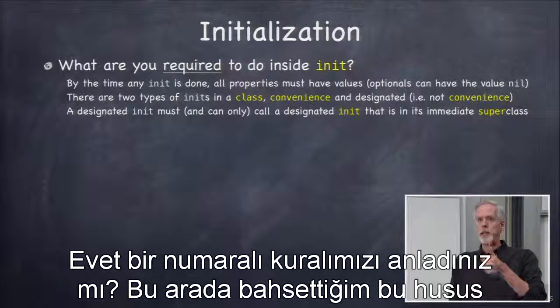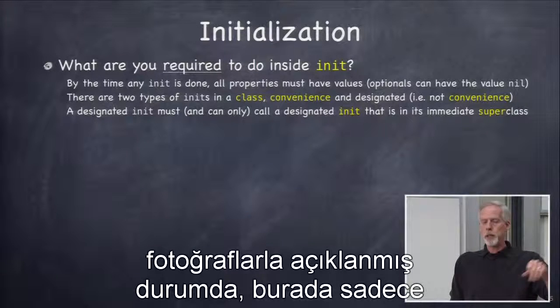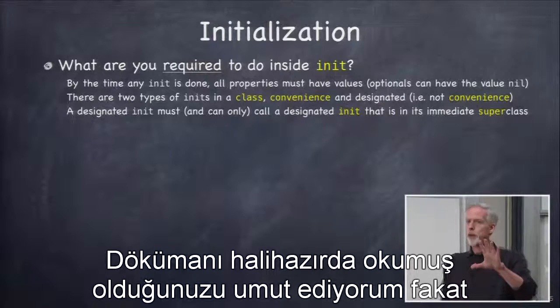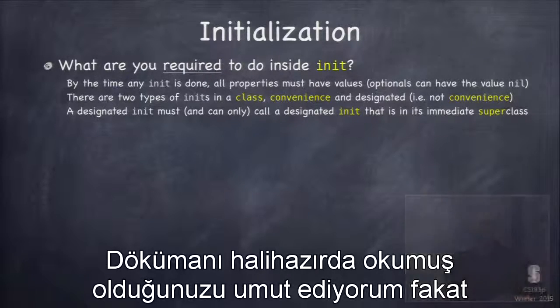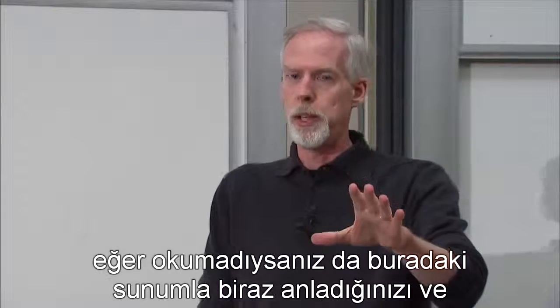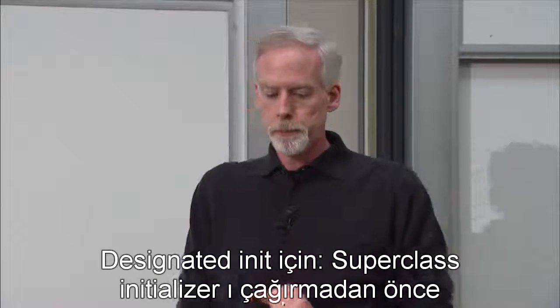Understand that rule number 1 for designated initializers? This is all, by the way, in the documentation. It's very elaborately drawn out with pictures and all that. I'm just trying to summarize it here. Hopefully you've read that already, and this is review, but if not, hopefully understanding a little bit of what I'm saying now, when you read it, you'll say, oh yeah, I get it. So that's the rule for designated initializers.